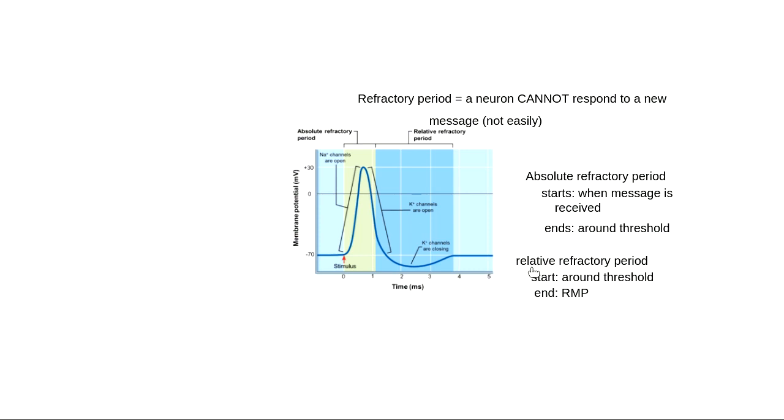So let's talk about why I have periods where it's really hard for a neuron to get another message. Let's see, for my friends who have done this part of the lesson, can you remember which specific kind of the ion channels that we've been talking about today, which type of ion channel is most responsible when we're talking about the absolute refractory period, when we're talking about not being able to respond to any other messages?